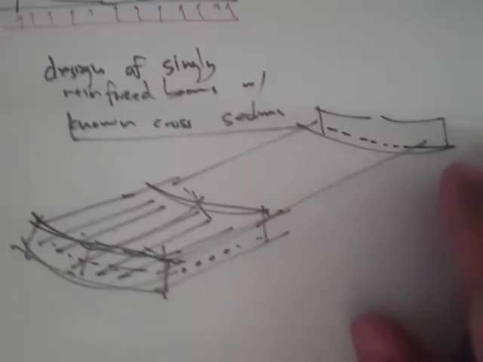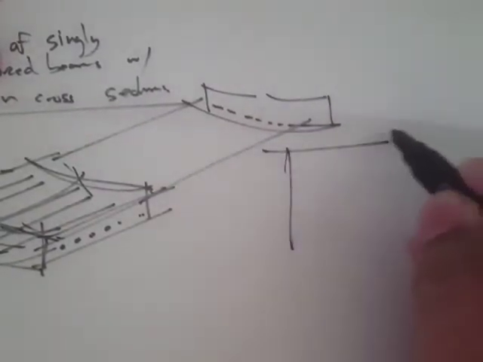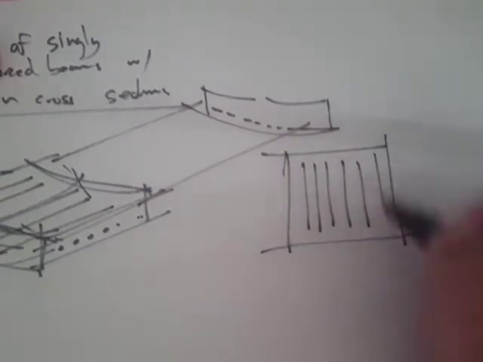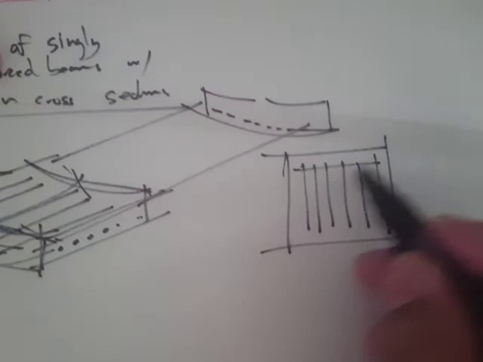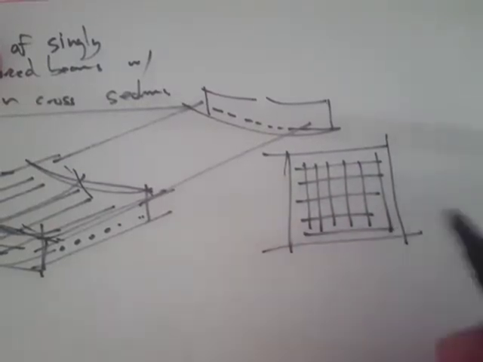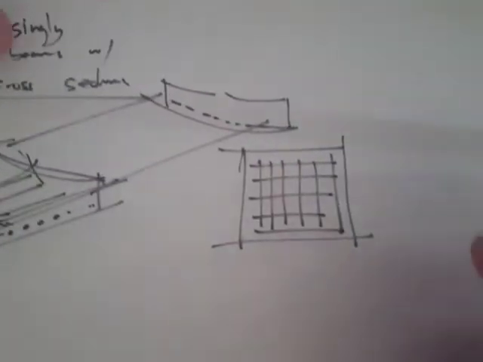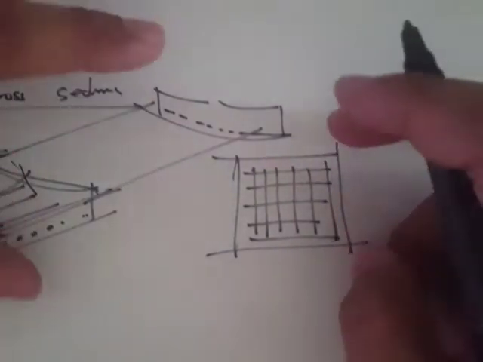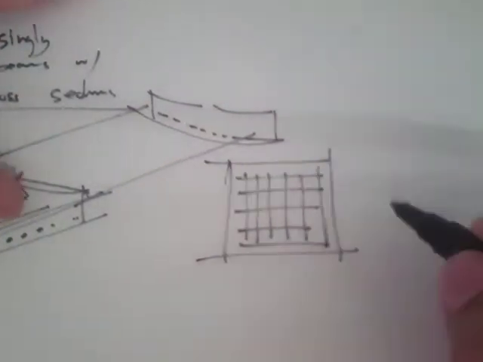Now if we look at the top view or the plan view, you'll see that there are going to be bars in this direction, and there are going to be bars in this direction. Now for a square footing, the distribution of bars will be the same.